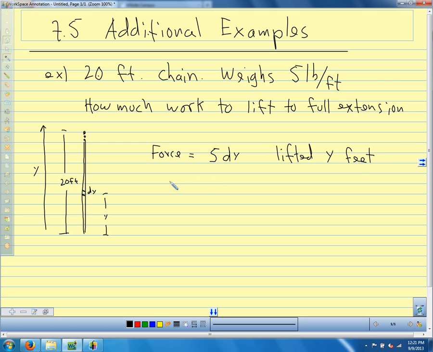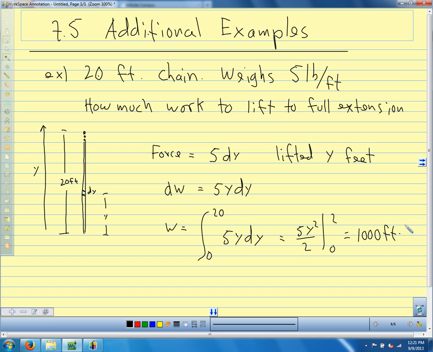So the work to lift that little piece is dw is 5y dy, and we're going to integrate that over the distance that each different piece is lifted. So the total work is going to be the integral from 0 to 20 of 5y dy. Nice easy integral to evaluate. 5y squared over 2 from 0 to 20, which gives us 1,000 foot-pounds.